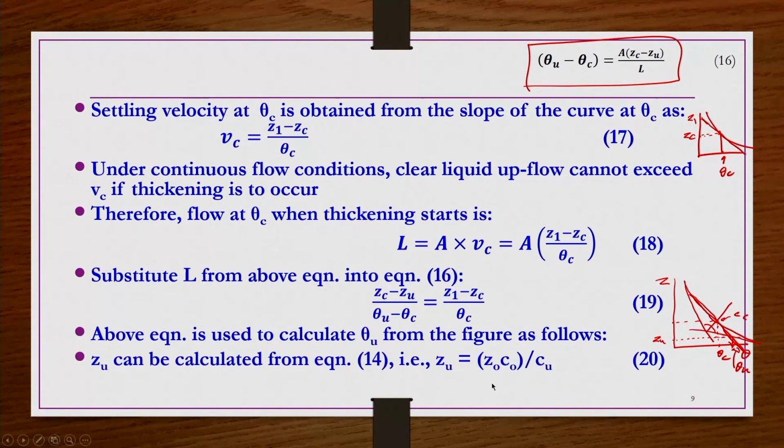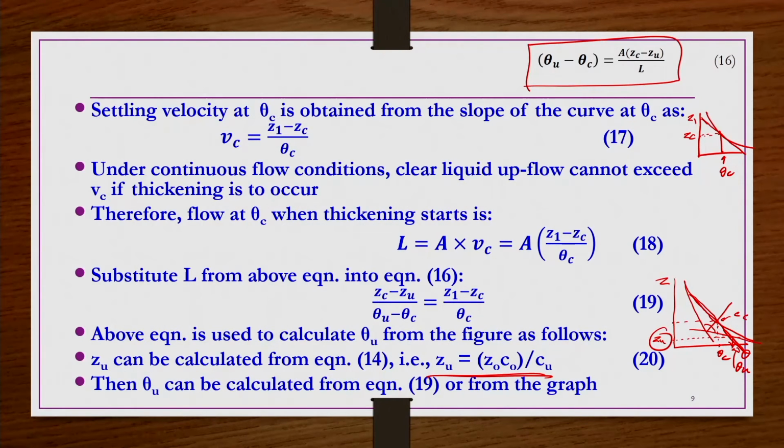For this we need to know Zu. Zu we can calculate, because C naught Z naught is equal to Cu Zu, which is equal to Cc Zc, as we have already seen, because the total solids in the system are going to remain constant. Then theta u can be calculated from equation 19 as well. From this equation you can calculate, or graphically also if you know Zu.